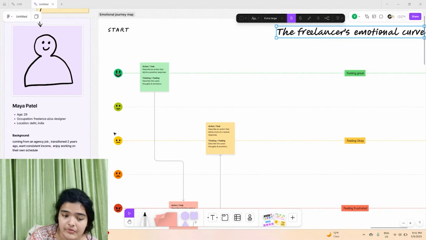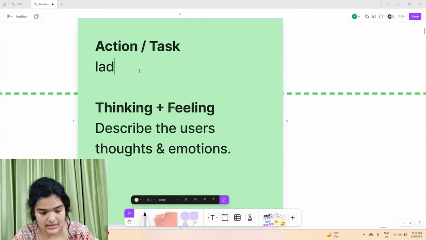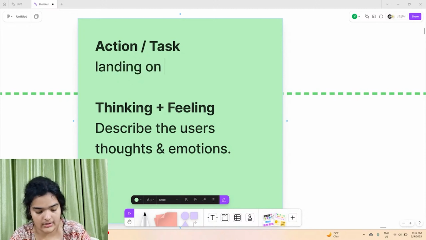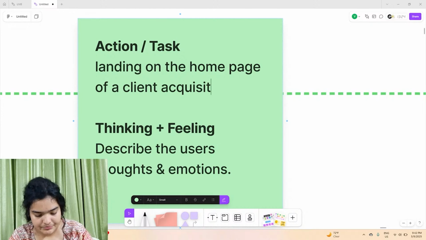Landing on the home page of a client acquisition tool and browsing the features. So they're just landing on the home page of a client acquisition tool or course.